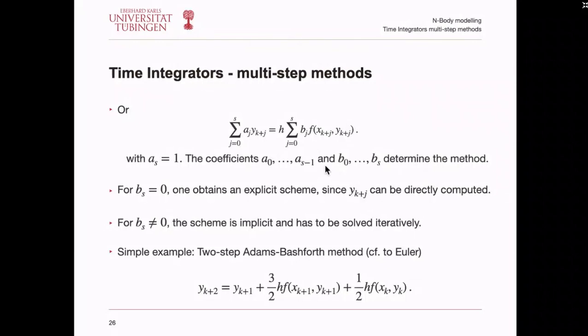And we have an explicit scheme because all the other y k plus j's are already computed. If this BS is not 0, then the scheme is again implicit and has to be solved iteratively.